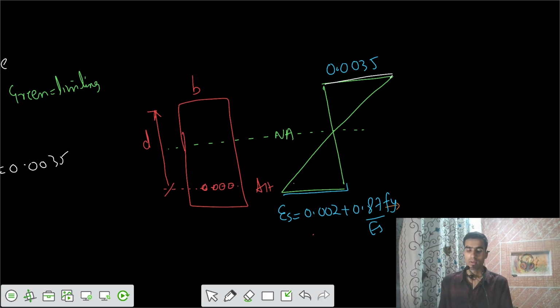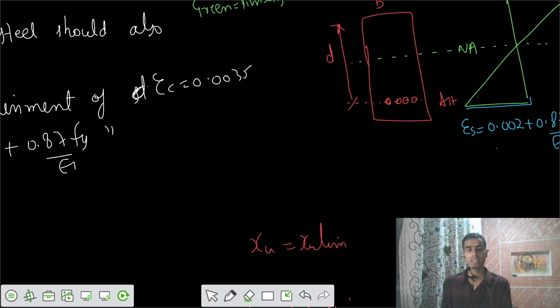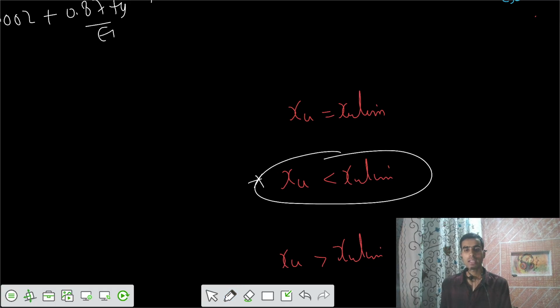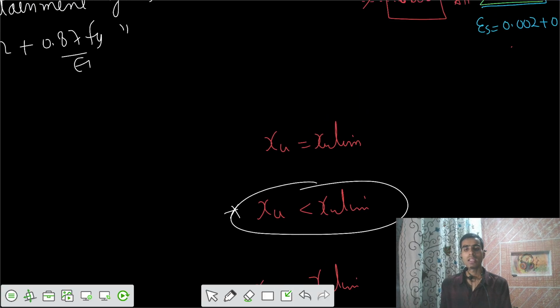Now the second condition. Let's say xu was such that the actual neutral axis was above the limiting condition.